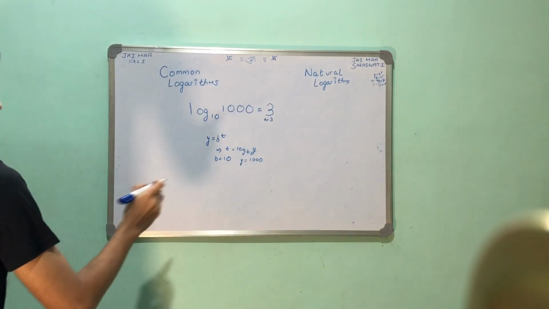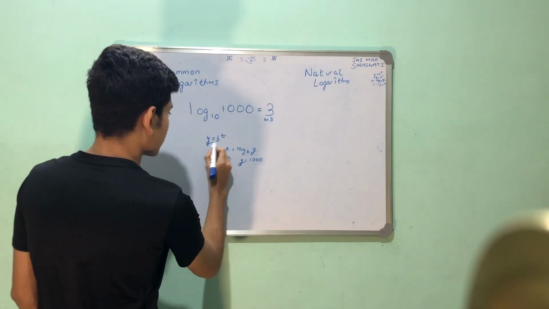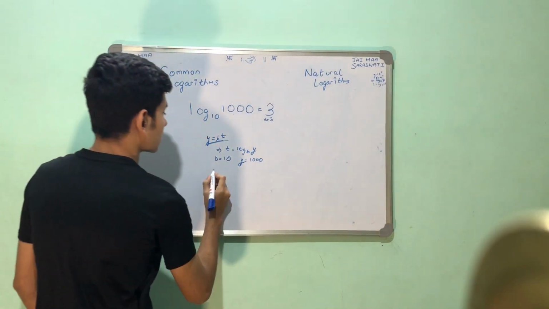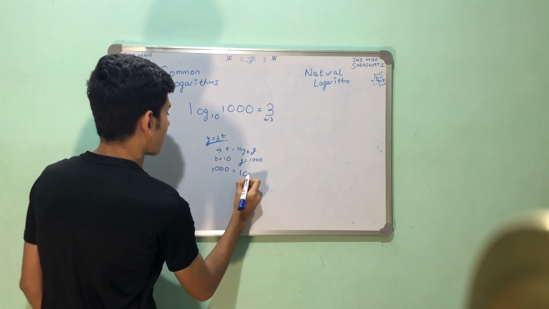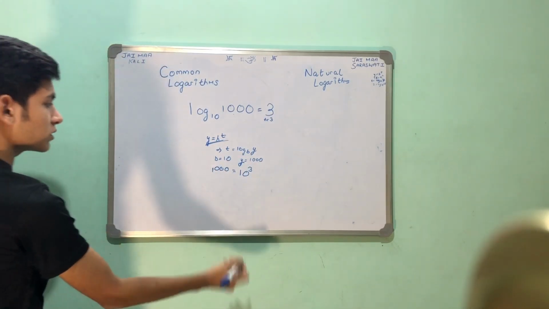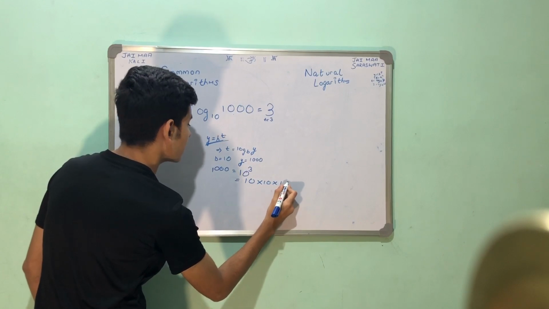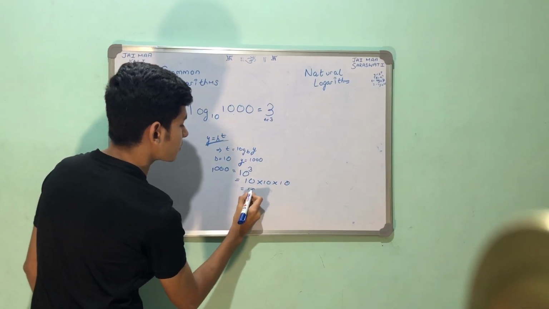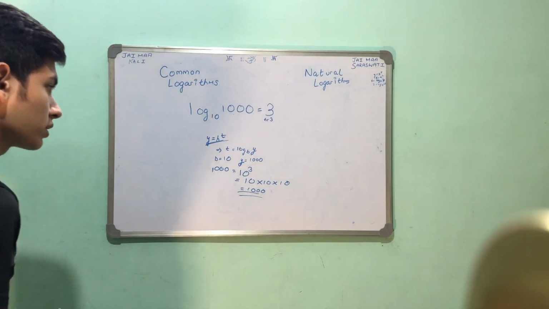So we can also write it as y equal to b to the power t. So 1000 equals 10 to the power t. t is 3. So 10 to the power 3 is 1000. How? Because 10 multiplied by 10 multiplied by 10 gives you 1000. This is what common logarithms are.